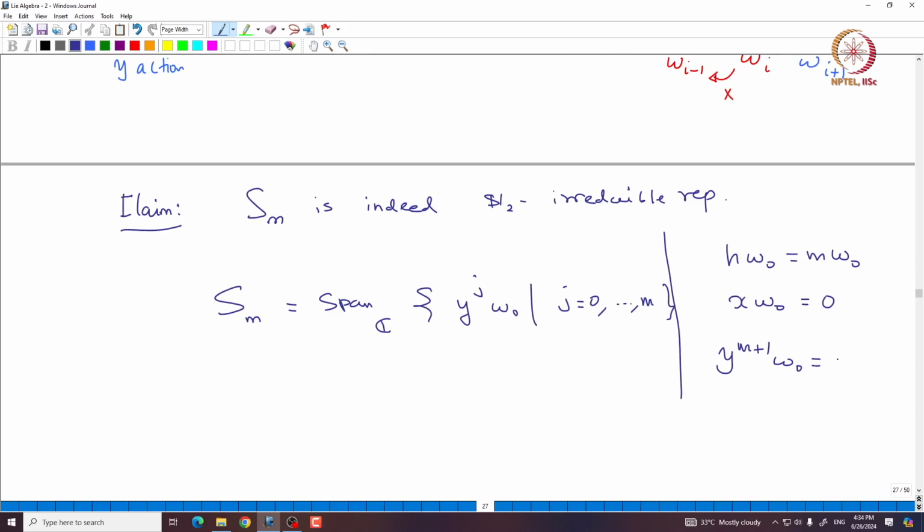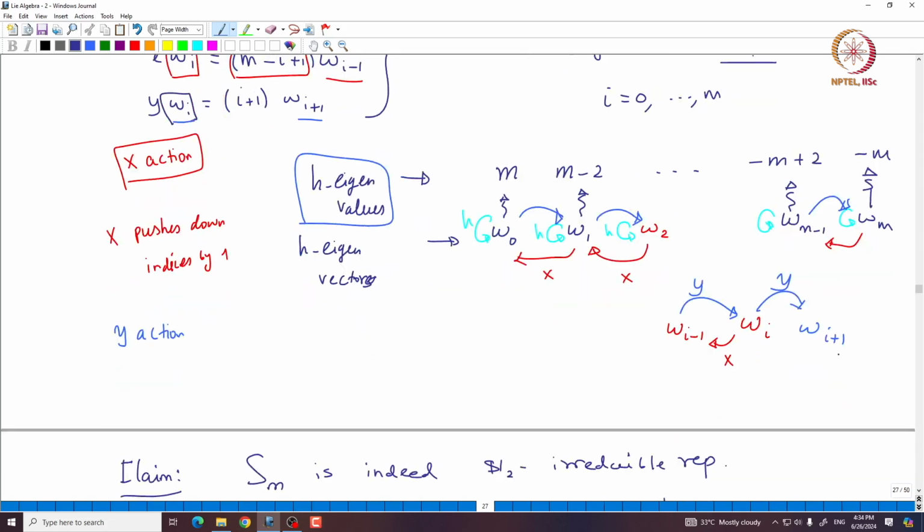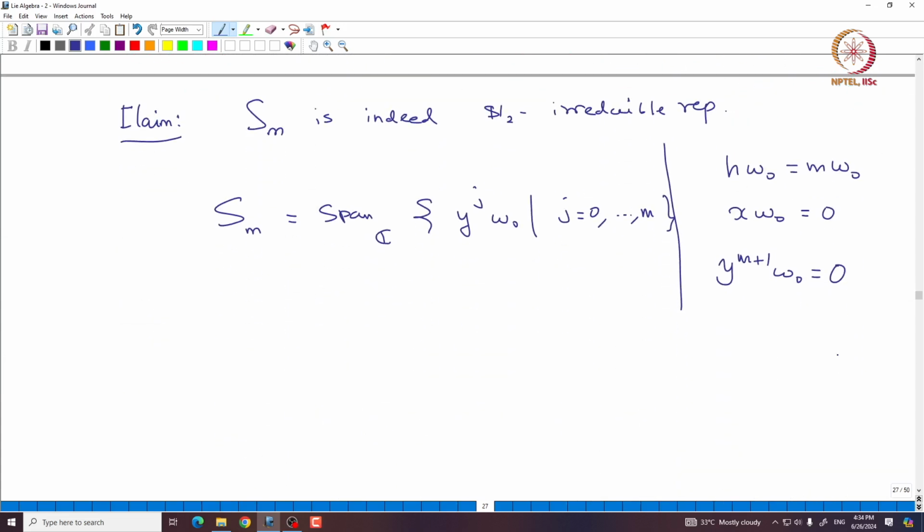That is just 0, because Y w_m is a multiple of (m+1) w_{m+1}, which is 0. Now, any vector that satisfies this condition is what is called a highest weight vector. All the eigenvectors of H will be called weight vectors, and the corresponding H eigenvalue will be called the weight of that vector. So let us make these definitions.